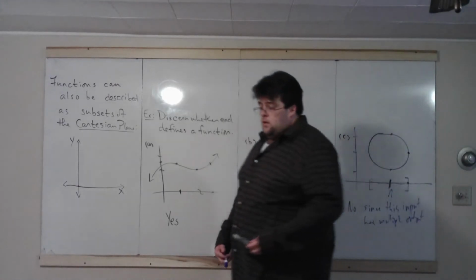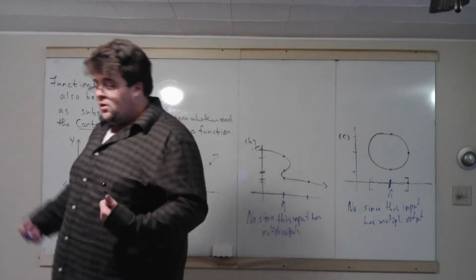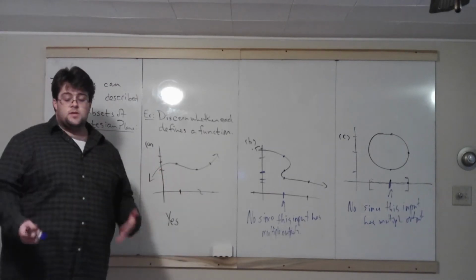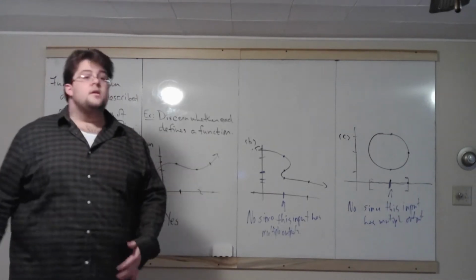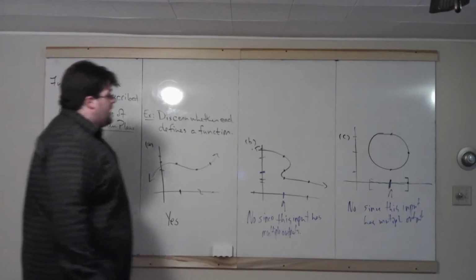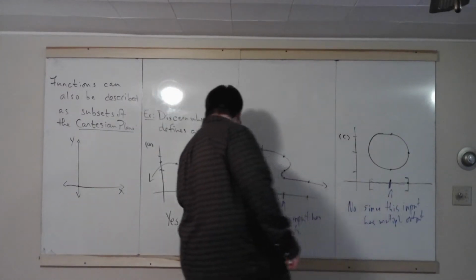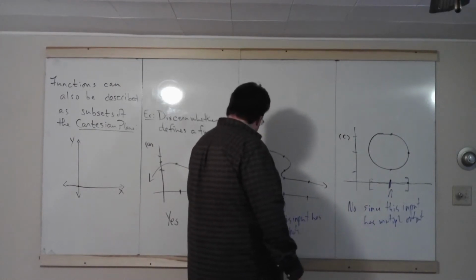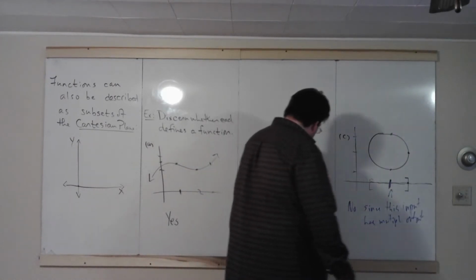But pretty much all of the functions we're going to be looking at can be described in this way, as a piece of the Cartesian plane. And looking at these examples, let me erase them a little and then redraw them, because there's a lot of writing on these.